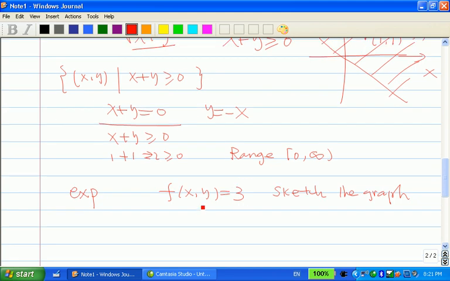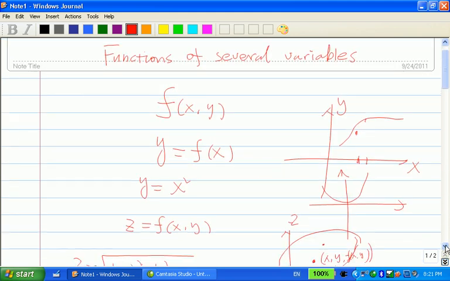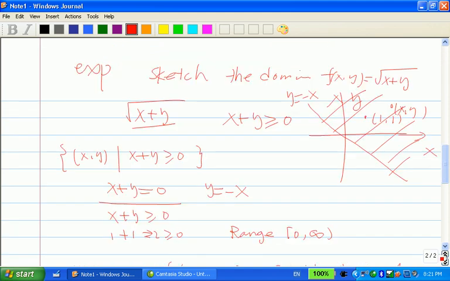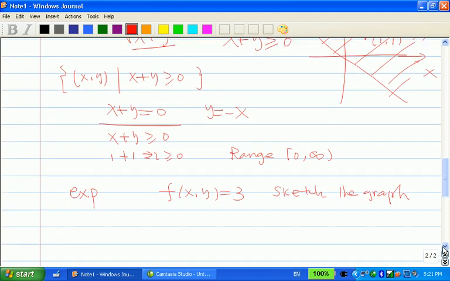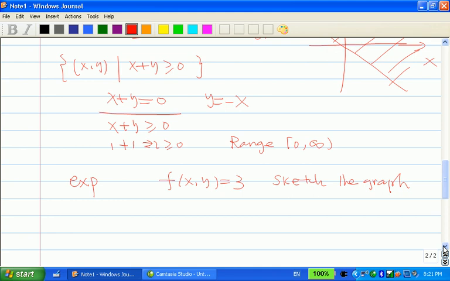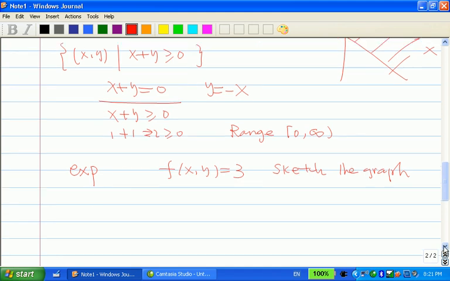Just like you said, I don't see x, y in this expression. What does this mean? This means for any given x and y, my f(x,y) equals 3.